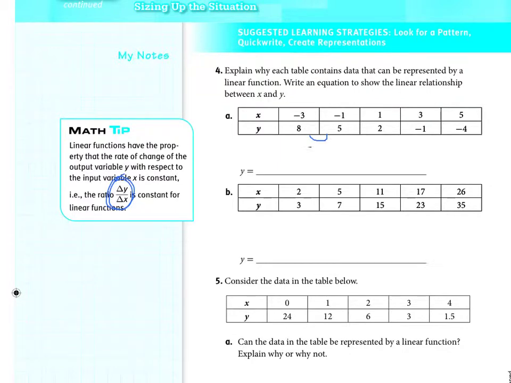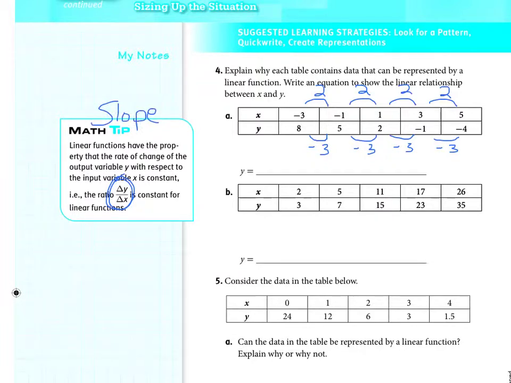Here, it's going down 3, down 3, down 3, and down 3. So that's the same, but is the change in the x's the same? Up 2, up 2, up 2, and up 2. So that change in y's over the change in x's is the same. So that's that rate of change. What else is that called? That's your slope.